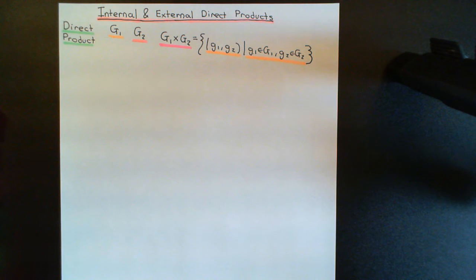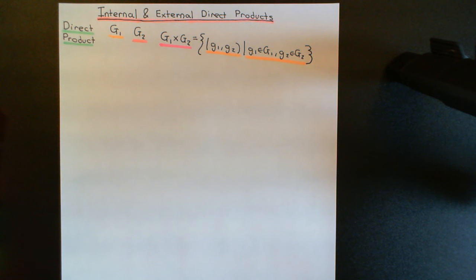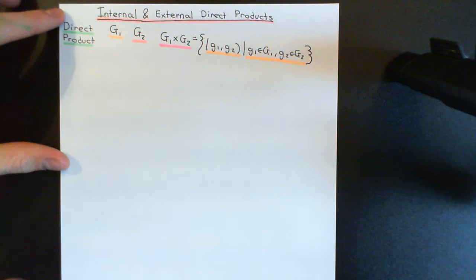This is the set that will underlie this third new group that we are forming from the two original ones, which we're calling the direct product of the group capital G1 with capital G2, or G1 cross G2 here.